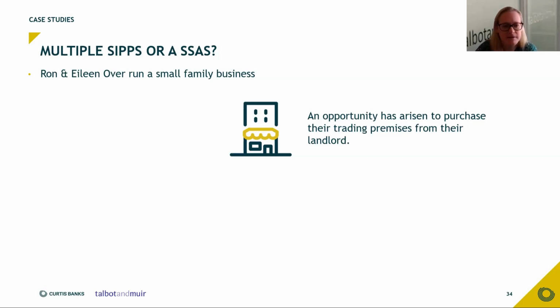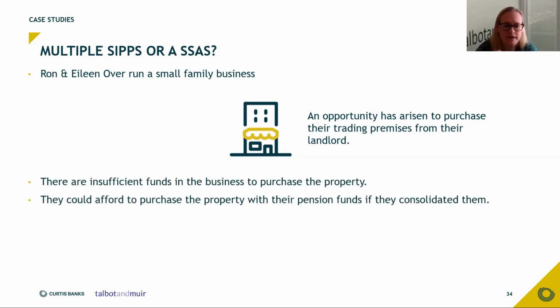So they think that might be a really good opportunity for them. Unfortunately, though, they have insufficient funds within the business to purchase the property, but they do have some pension funds, which they could potentially consolidate together and then look to purchase the property.